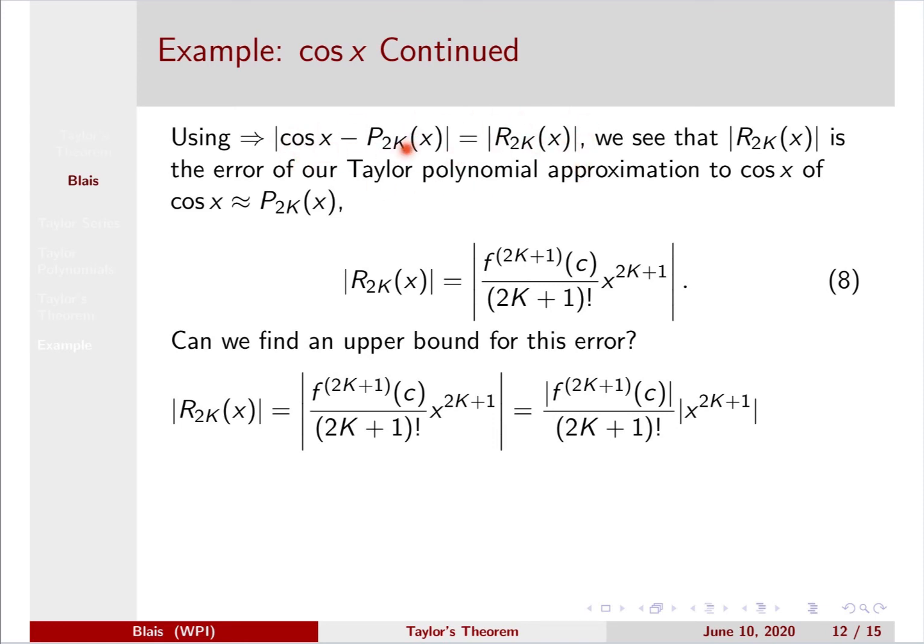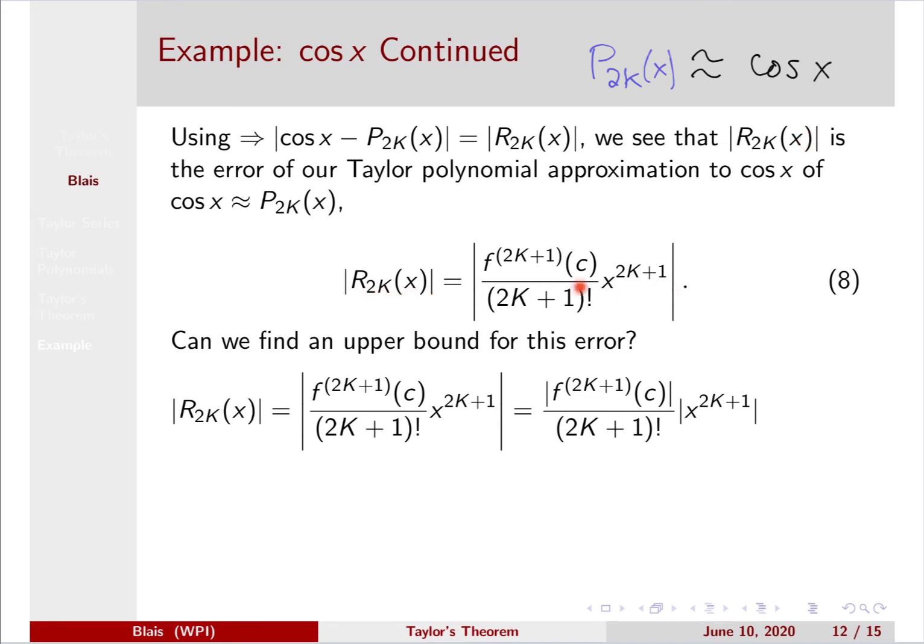The error of our approximation, again, you want to think of this as we're using p2k of x as an approximation to f of x, or in this case, cosine of x. So the absolute value of the difference between the actual function we're after and its approximation is the error. And so let's take a look at the size, the absolute value of that error.